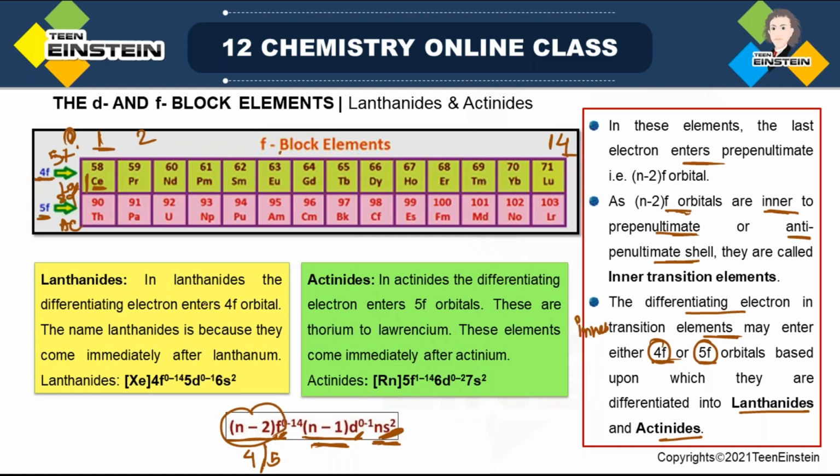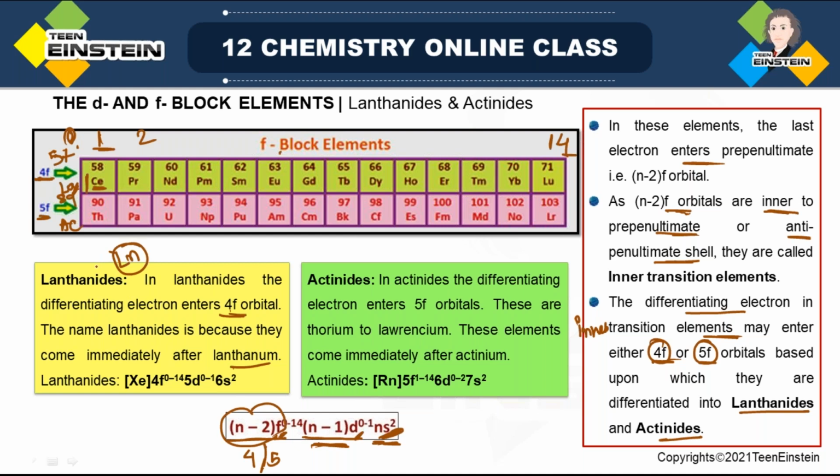So in lanthanides, the differentiating electron will enter the 4f orbital, and the name lanthanides is because they come immediately after lanthanum. Lanthanum is the first member where the f0 electron is present. So based on the name of the first member, they are called lanthanides in general, and it is denoted by Ln.